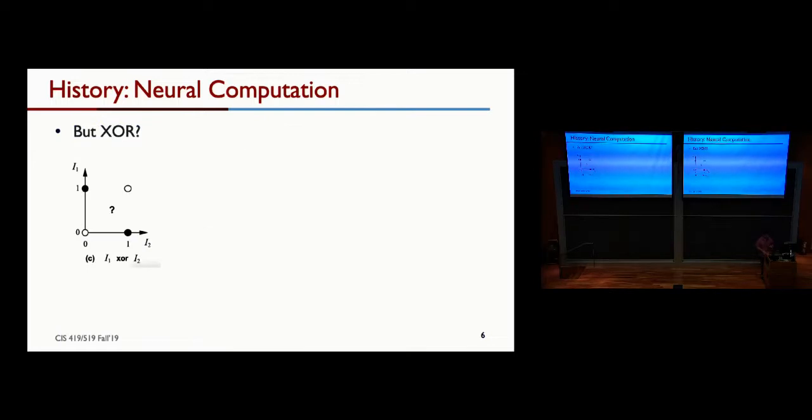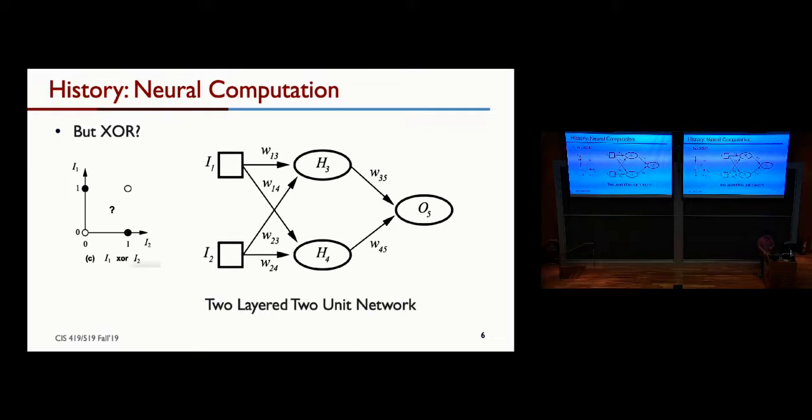But suppose you have a Boolean function XOR with its data in 2 dimensions shown there. Could you use a linear classifier or a linear threshold unit to model this Boolean function? No, right? Because you won't be able to find a single plane that separates the solid circles from the hollow ones.